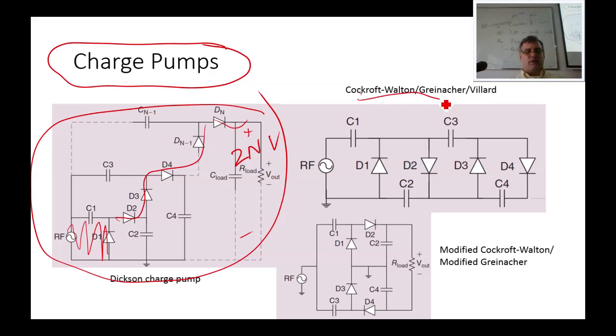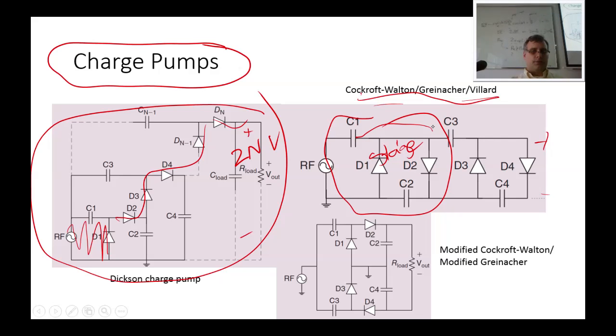Over here, Cockcroft-Walton, or the Grenadier-Villard. This is just another configuration, and the same thing happens. Basically, the output here winds up being a doubling, or tripling, or quadrupling, depending on how many stages. A lot of times they will refer to a pair of diodes as a stage for your charge pump. And then you can play this game forever.